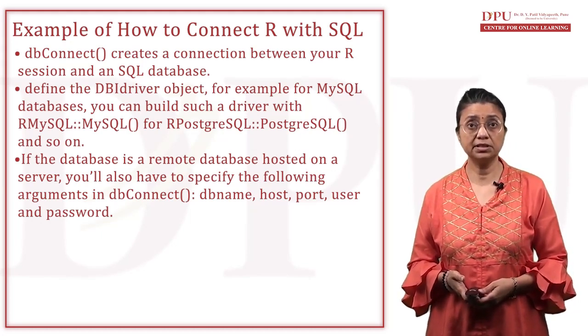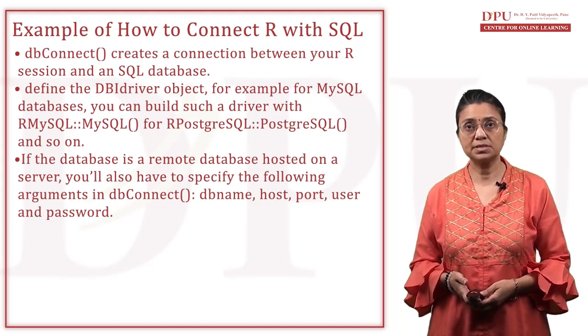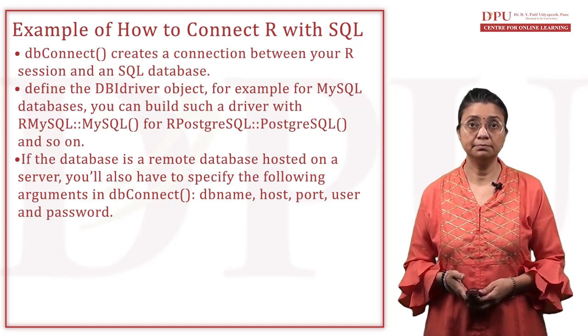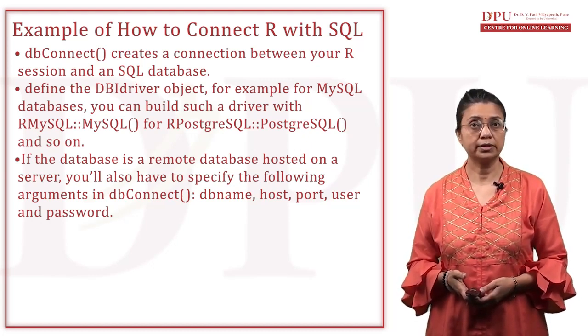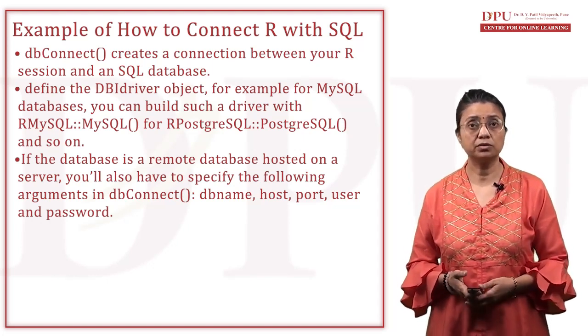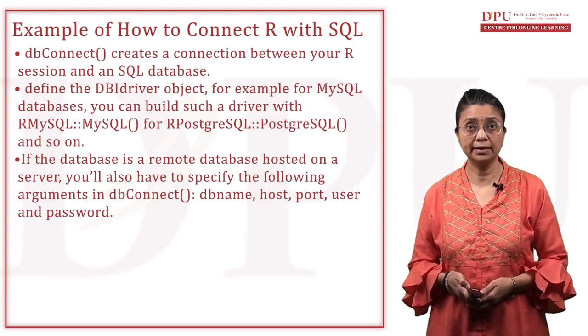If the database is a remote database hosted on a server, you will also have to specify the following arguments in dbConnect: dbname, host, port, user, and password. When you are dealing with a database, you will have this knowledge of dbname, host, port, user, and password.